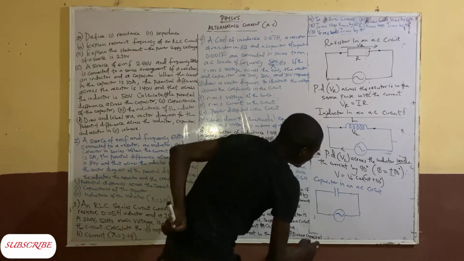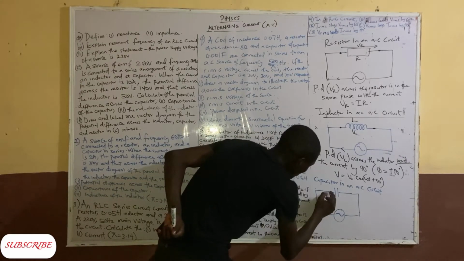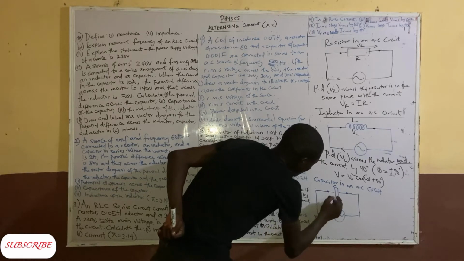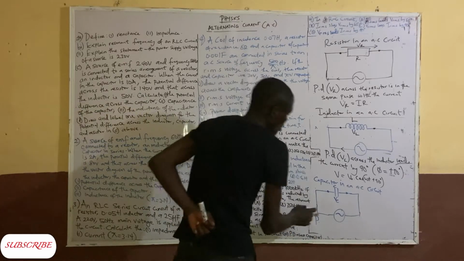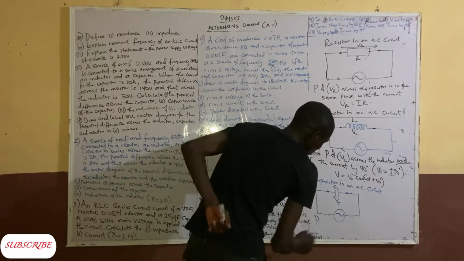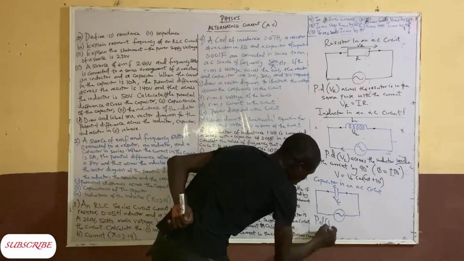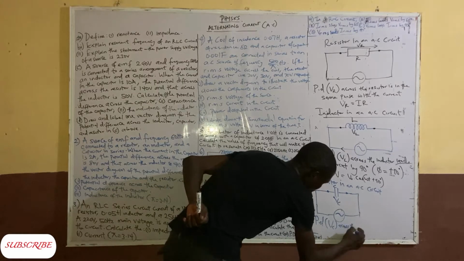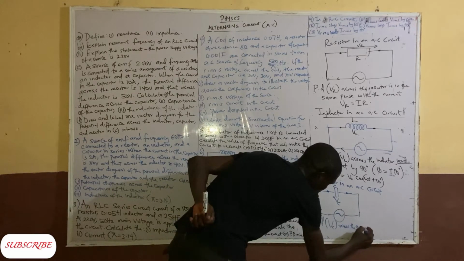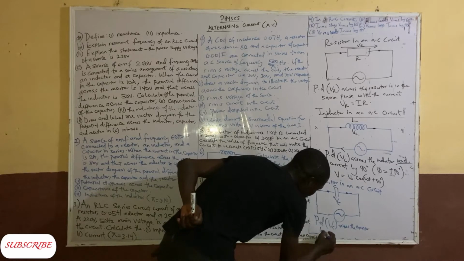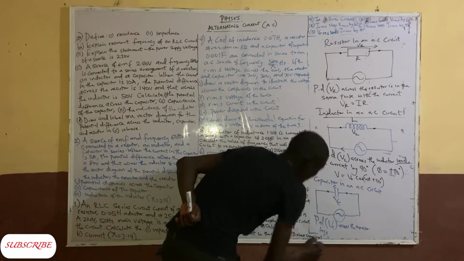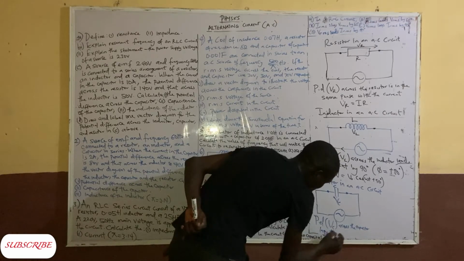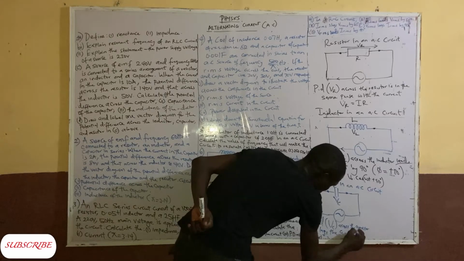So here, this is the capacitor C, and the voltage across the capacitor is known as VC, V subscript C. So the potential difference VC across the capacitor lags the current by 90 degrees.